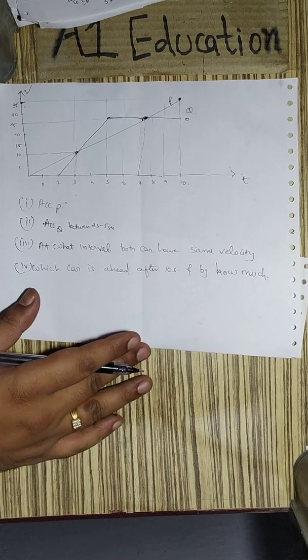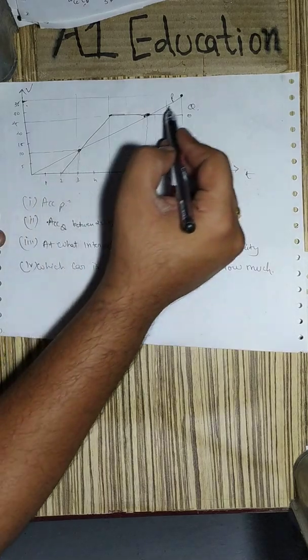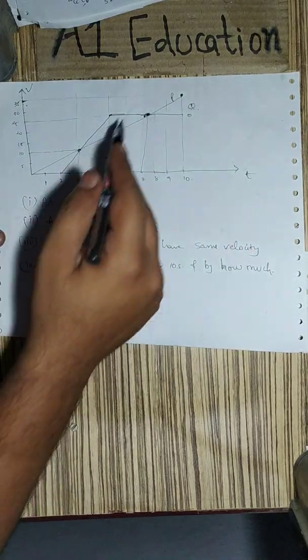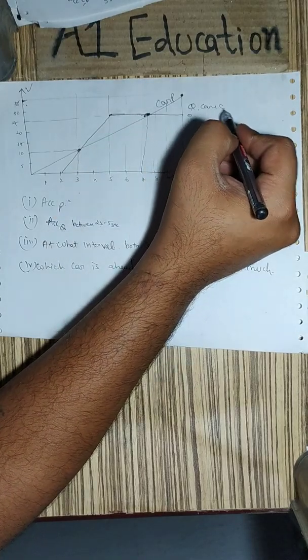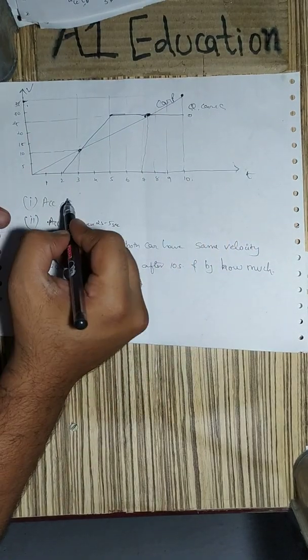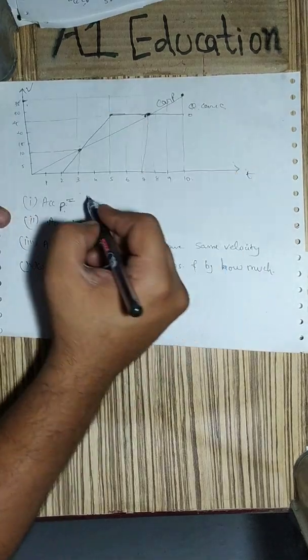Let us see this question, velocity-time graph. There are two cars, car P and car Q, undergoing motion, and we are asked to calculate the acceleration of P. Acceleration from the v-t graph is given by the slope.